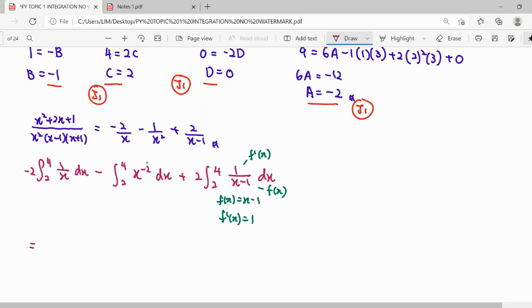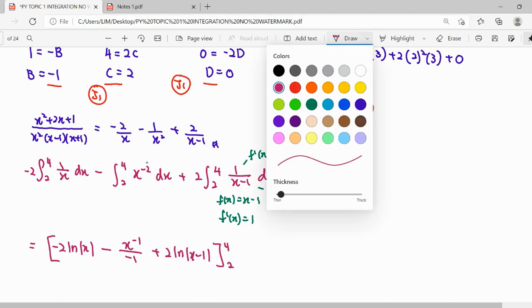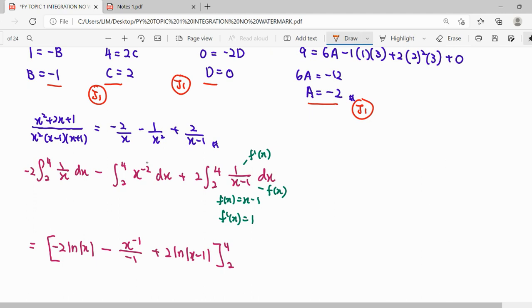So here we get negative 2 ln modulus x. So for this part, power plus 1 over new power, then plus 2 ln x minus 1. We put bracket, upper limit 4, lower limit 2. And then we can see here, we still can simplify negative, negative.